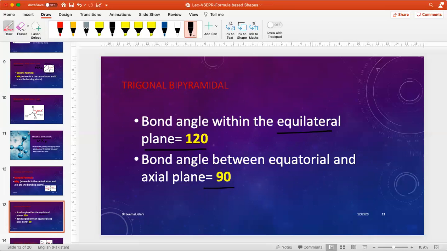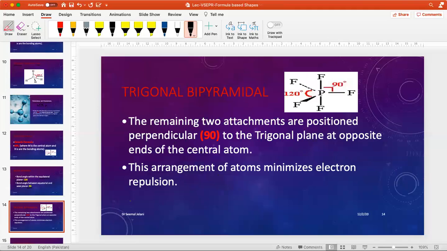Now let's see where these equilateral plane and equatorial axial are. These are the two angles: this one is 120 and this one is 90 degrees.